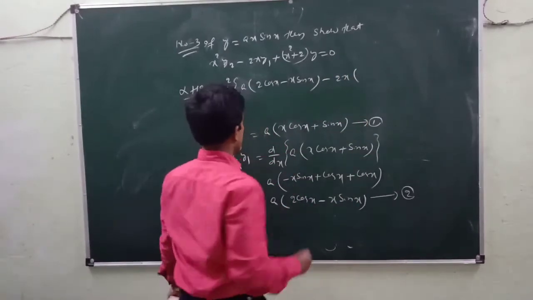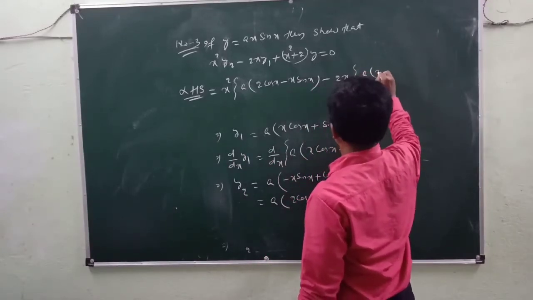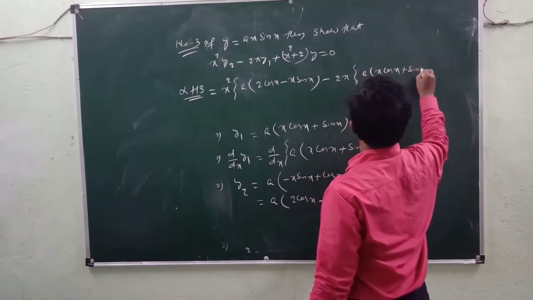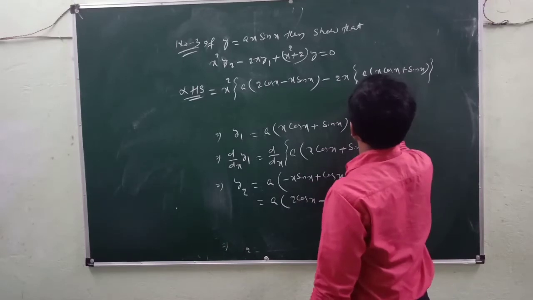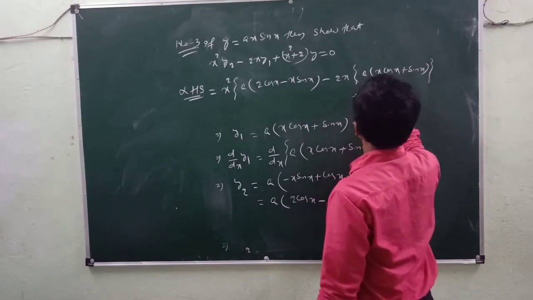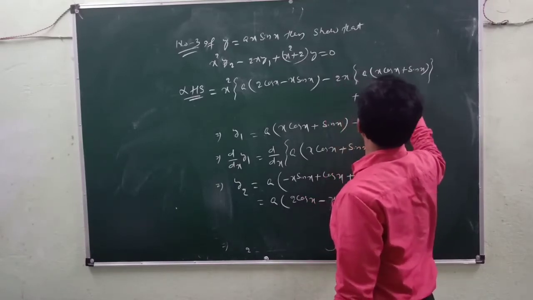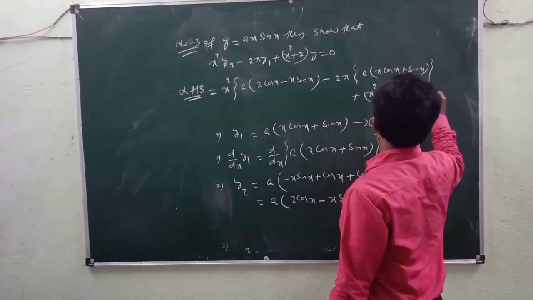From equation 1, the value of y1 is a into x cos x plus sin x, then plus x square plus 2 into y. The value of y is ax sin x.